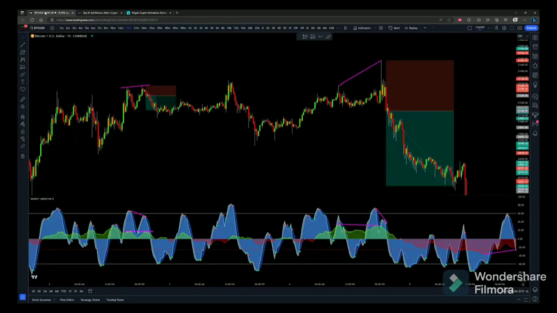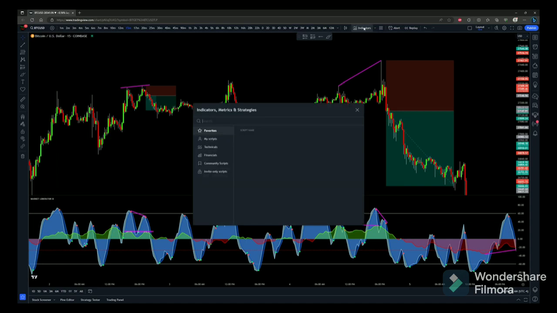Now, let's get into the strategy rules, starting with the indicator itself. The one and only indicator being used for this strategy is called Market Liberator B. There are two other indicators very similar to this one. One is called the Wu Manchu Cipher B plus divergences, which can be found for free in the indicator library.